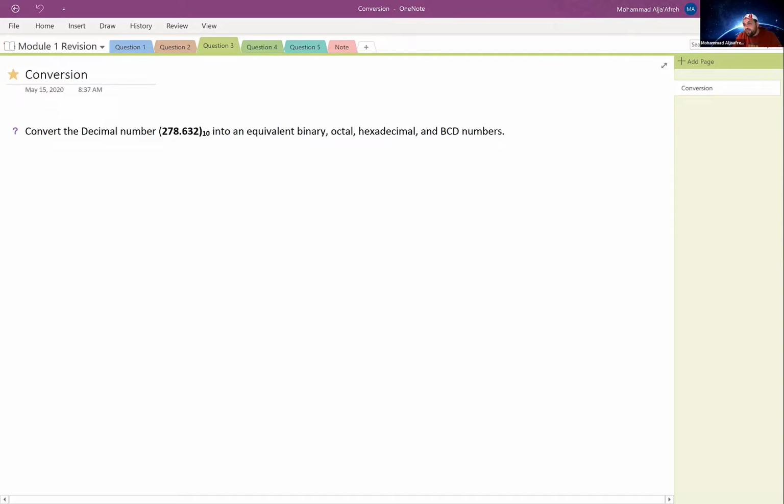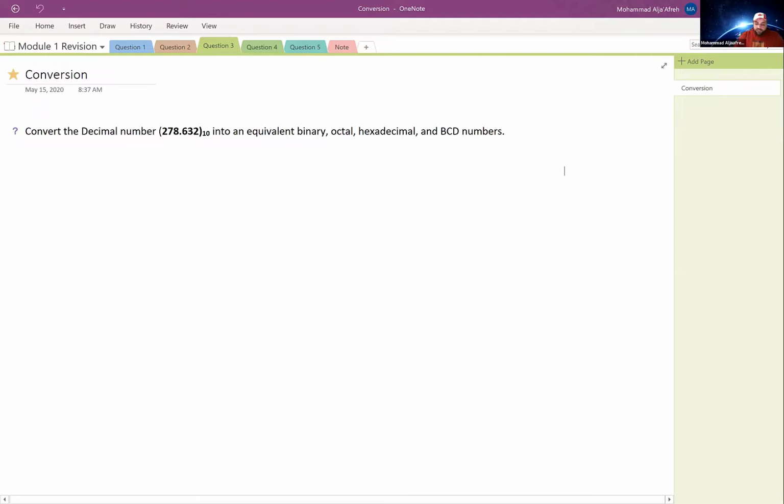Now, how can I convert between bases? How can I convert a number from the traditional decimal system that we're using to binary, to octal, to hexadecimal? And what do I mean by BCD numbers? This is one of the questions that your colleague asked me about.